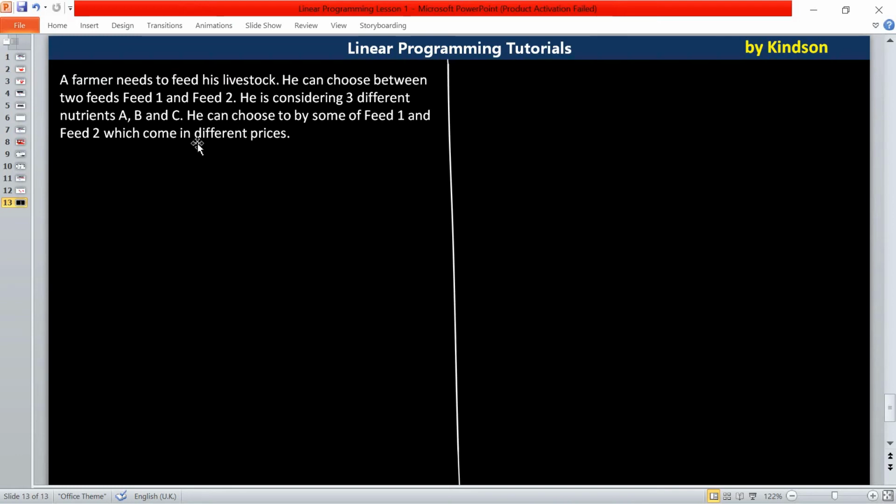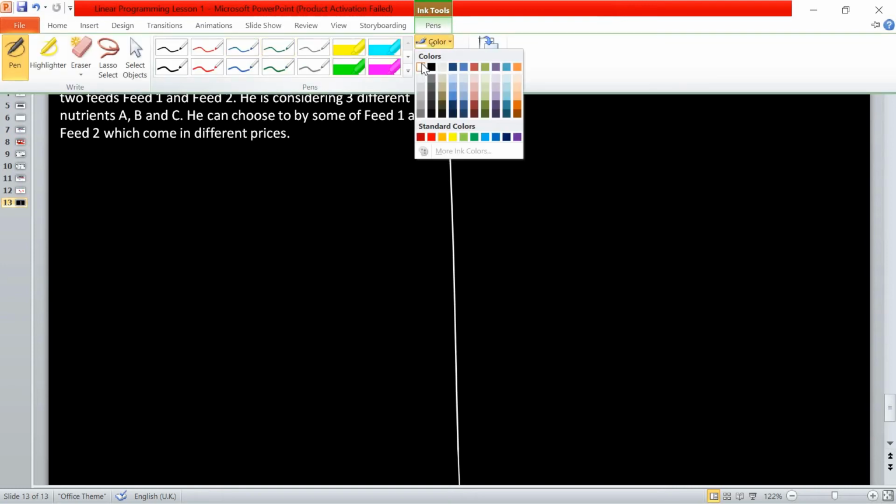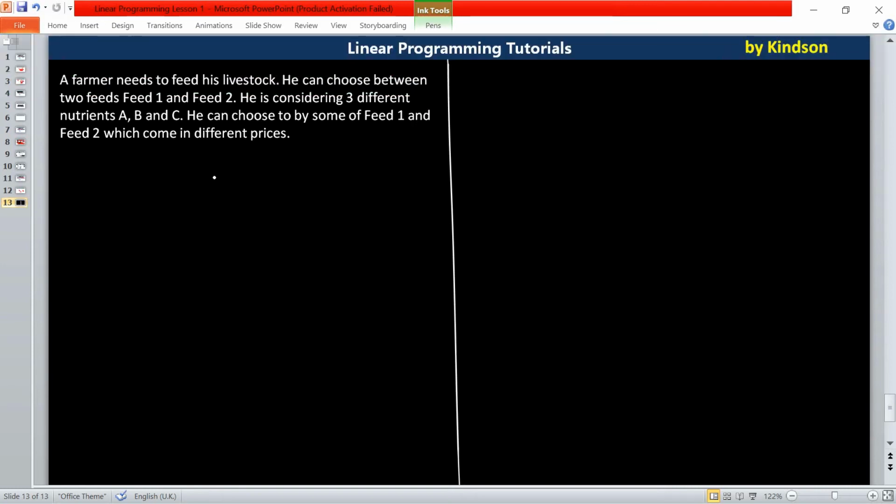Because I need to be looking at the question and setting up the table. In this case, the table has been given to us. In the table, we must have feed, and we also have nutrients.